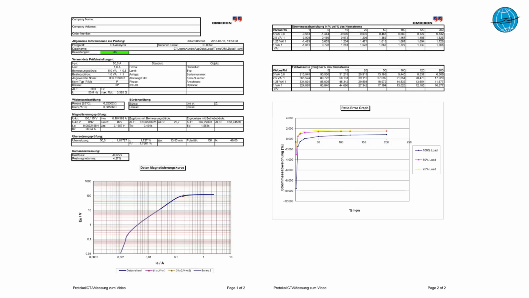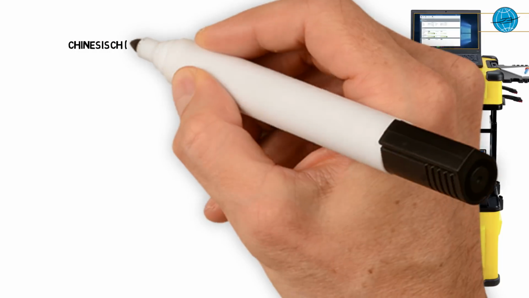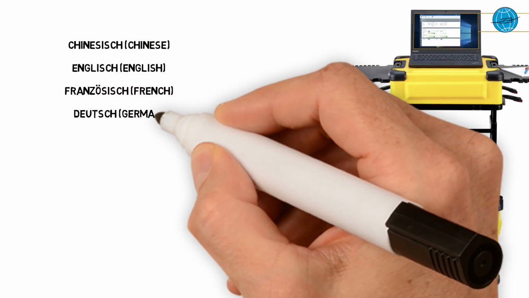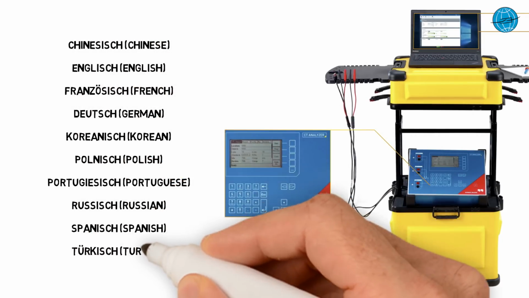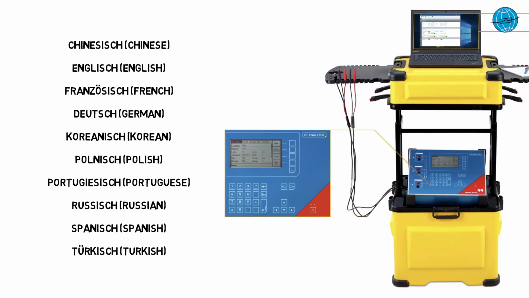These can easily be switched between many languages, regardless of the language in which the measurement was taken. The following languages are available: Chinese, English, French, German, Korean, Polish, Portuguese, Russian, Spanish, and Turkish. This means that the Korean-speaking Portuguese is always able to create and submit French language test records to a client in La Rochelle.